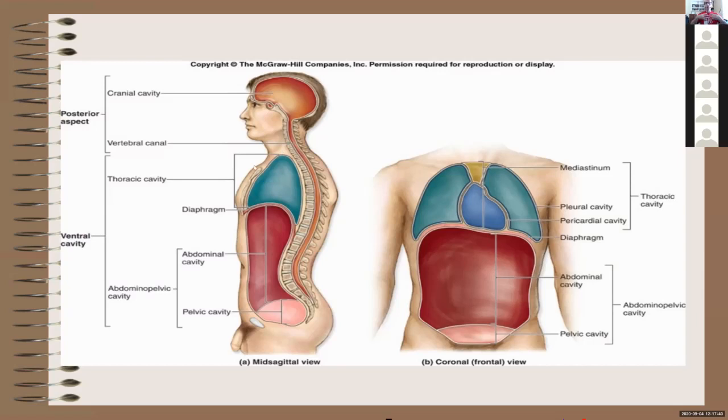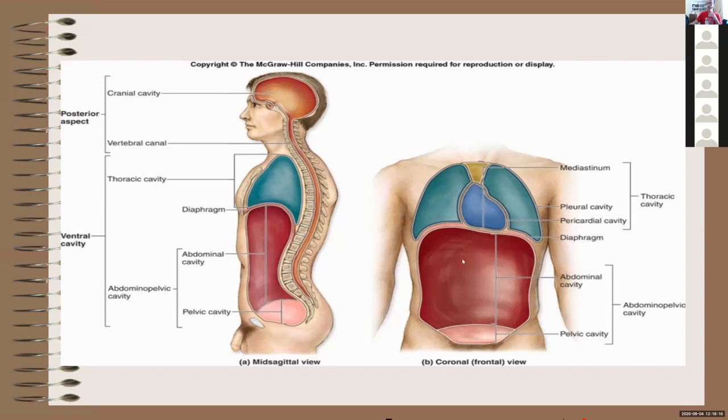Moving more towards the anterior portion of the body, or the ventral side of the body, we have the thoracic cavity, which holds our lungs in place, it holds our heart in place, and it holds a few other organs up here in place, like our thymus. Underneath that, but still towards the anterior ventral part of our body, the front, we have the abdominal cavity.